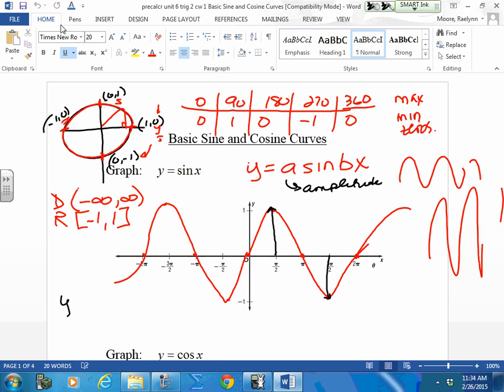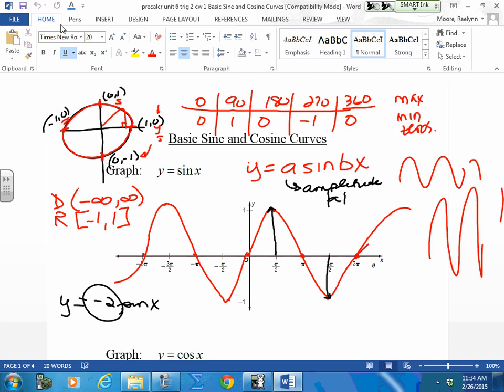Does that mean I can't do this? This tells me, just like in our transformations, I have a stretch of 2, but my negative gives me a reflection. My amplitude is not negative 2. My amplitude is always positive because it's a distance. But remember when we did these before? The negative gives you a reflection. So we'll talk about those.